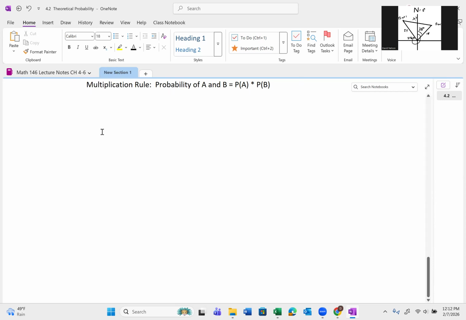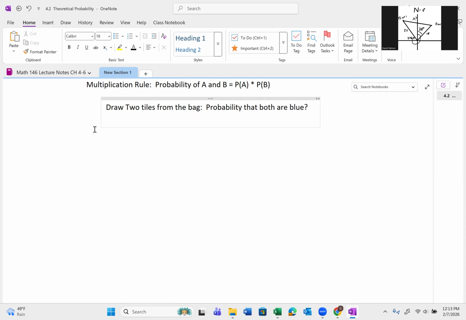We'll draw two tiles from the bag, and I want to know what's the probability that both are blue?